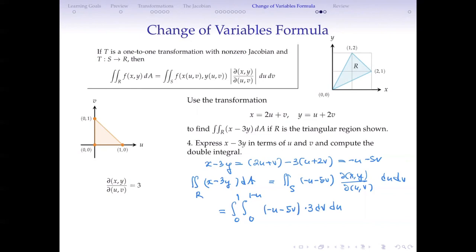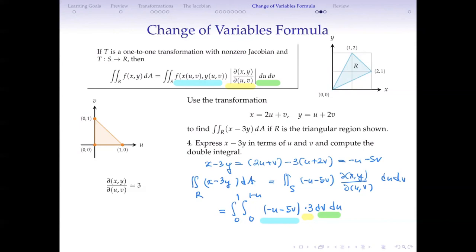Okay, so just identifying all the pieces here. The du dv is here. The Jacobian is here. And the integrand with the change of variables is here. I'm not going to actually calculate this out. This is now a very simple double integral.